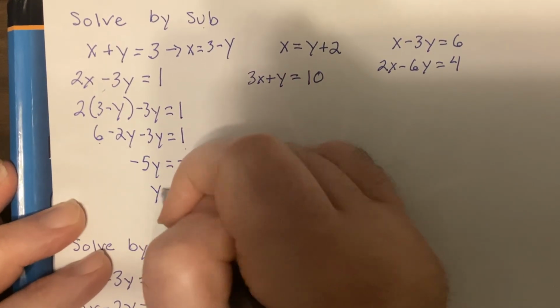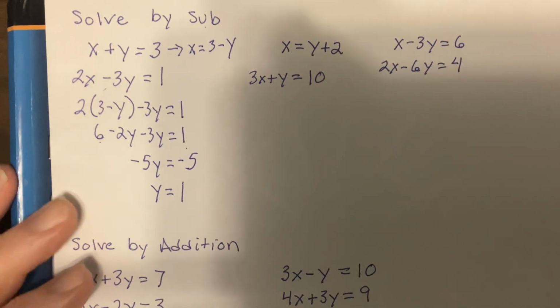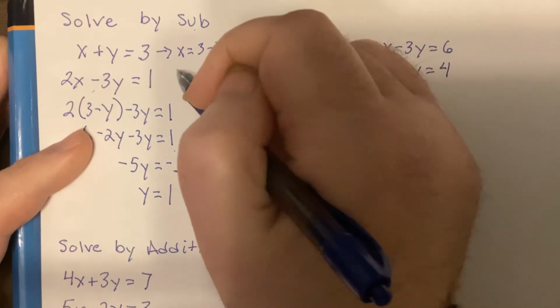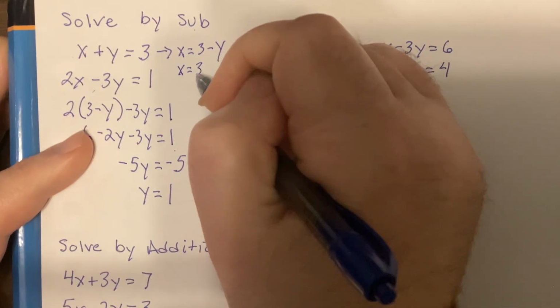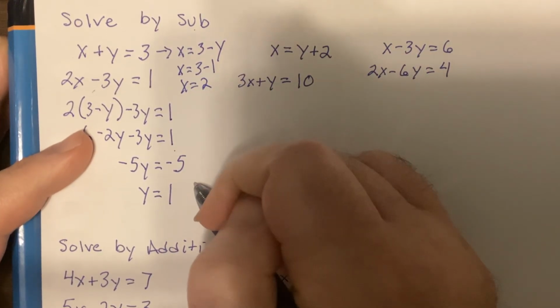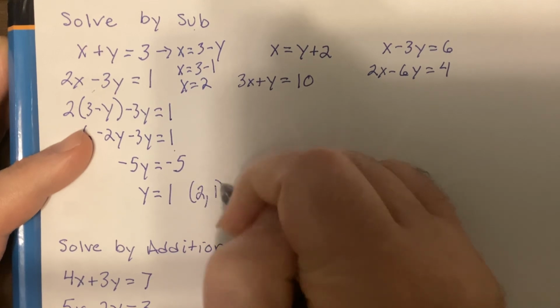Divide by negative 5, y equals 1. Now, sad to say, here's where most people make a mistake. There's 2 unknowns. We also have to find x. So x equals 3 minus 1. X is 2. So the answer is 2, 1.